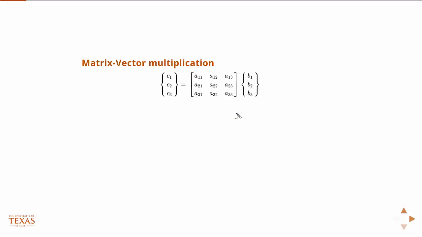So who knows how to do this multiplication? It's pretty easy, right? C1 is the dot product of the vector B with the first row of A. That gives you C1.